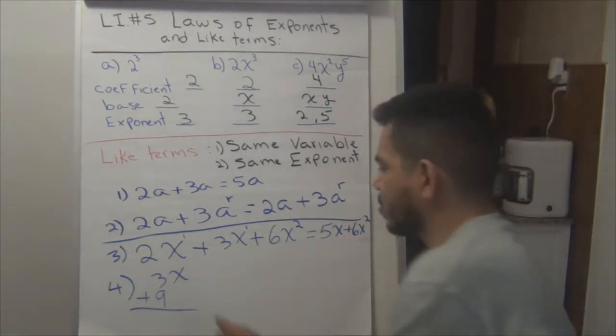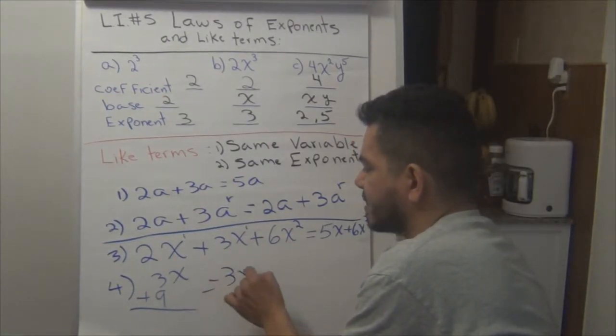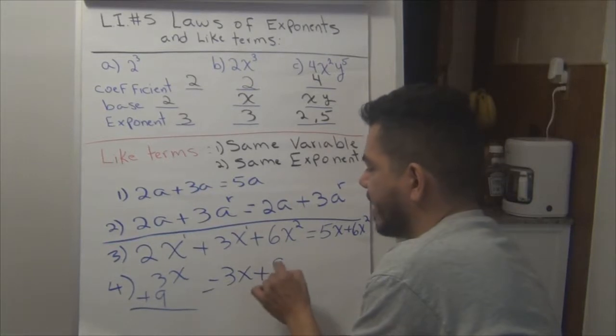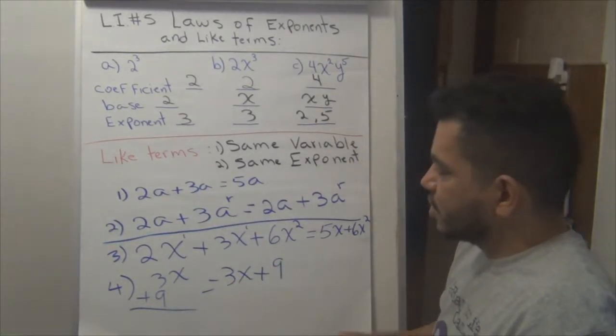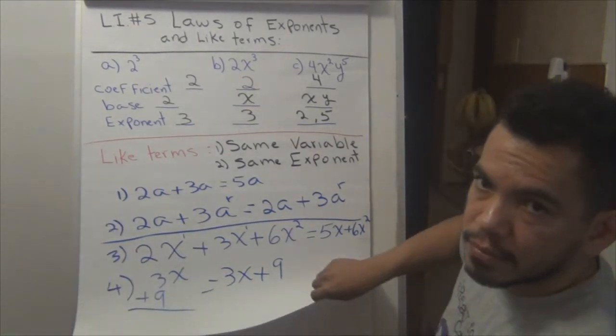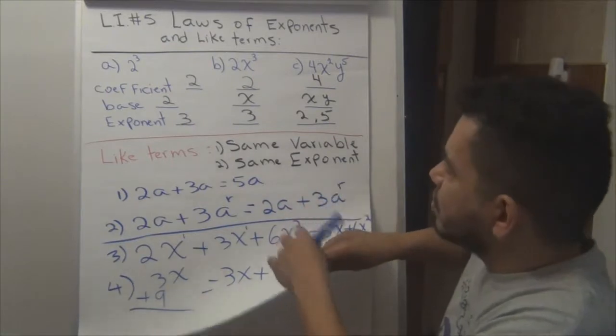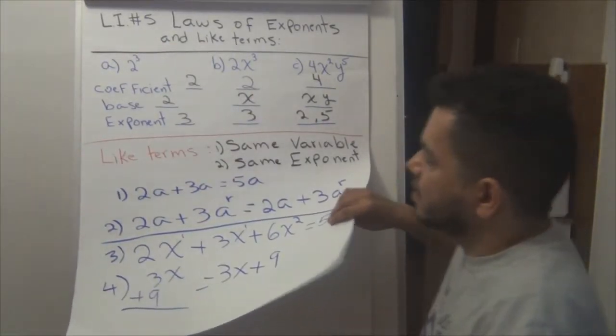So this is nothing more than 3x plus 9. If it was a minus, then 3x minus 9. As simple as that. So that's how you play with like terms. I hope you copy that. You have your notes. Remember, your notes are the most important tool for you to study.